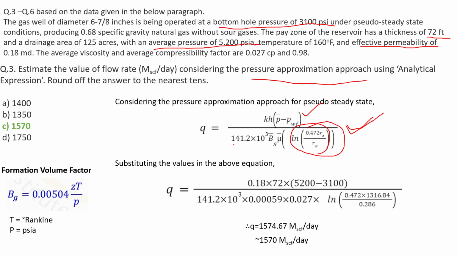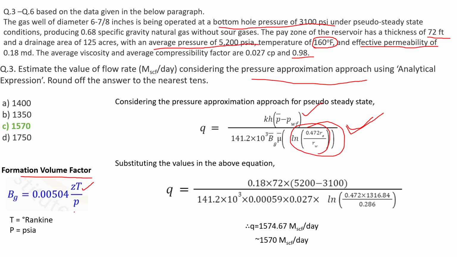Then the constant, that is 141.2 into 10 to the power 3 multiplied by Bg. Now this Bg average is the formation volume factor, that is equal to 0.00504 into Z, T and P. This Z is the compressibility factor given to us, 0.98. T has to be the temperature in Rankine. Here the temperature is given in Fahrenheit, so you have to change it into Rankine.